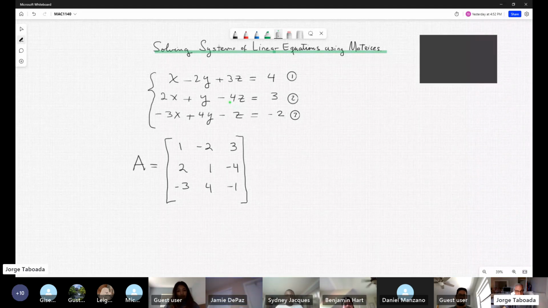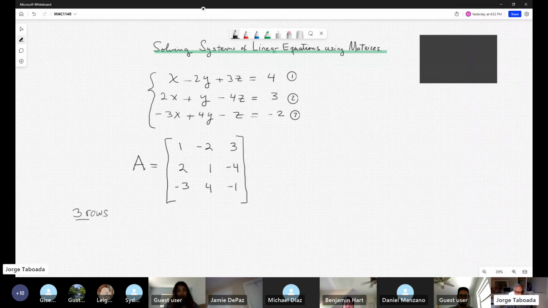It's important to understand that our matrix contains 3 rows, let me write here, 3 rows. And the number of rows is exactly coincident with the number of equations. We have in my problem 1, 2, 3, 3 equations, 3 rows.